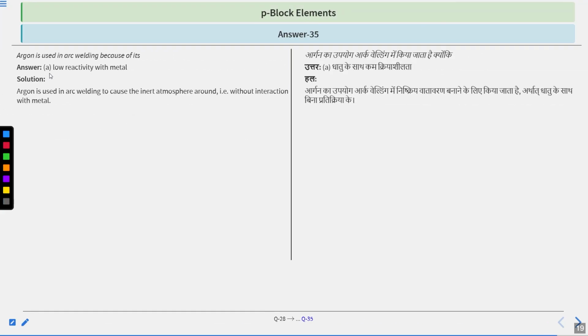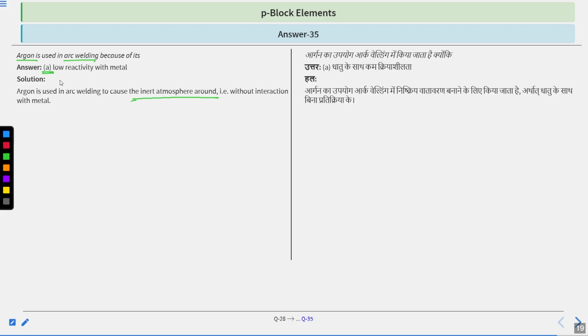Let's see. The correct answer is option A, that is low reactivity with metal. So why do we use argon in arc welding? Argon is used in arc welding to create an inert atmosphere around, that is without interaction with the metal. Inert atmosphere means the metal or the welding will not react with anything around or in the environment or any other metal.